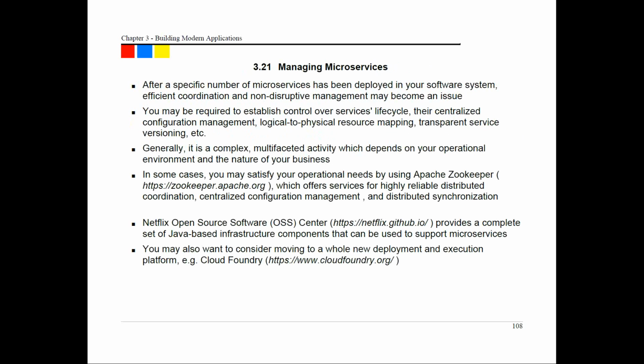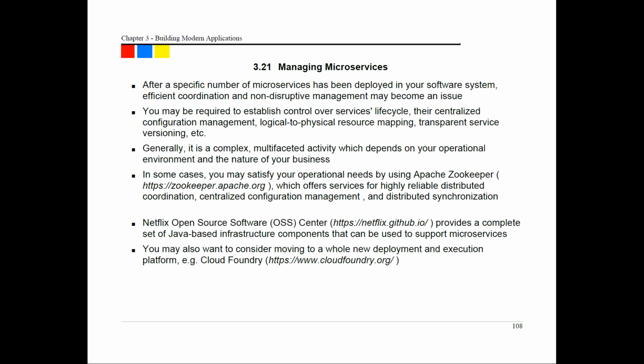All right, managing microservices. You'll find that coordinating and managing the deployment may become an issue. You may be required to establish control over services lifecycle, centralized configuration management, logical to physical resource mapping, and so on. Service versioning.